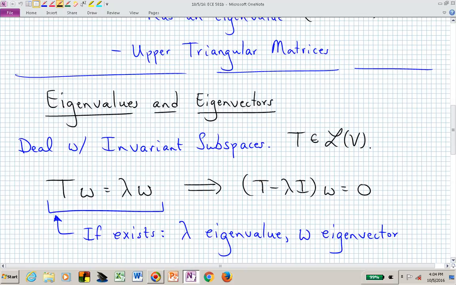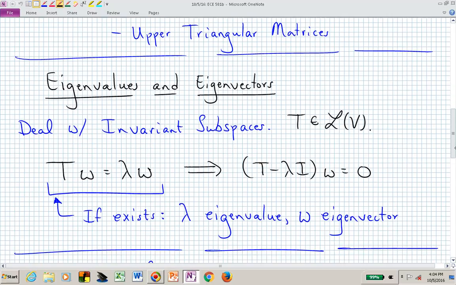Maybe you're living on this eigenvector, or you have a vector that's in the direction of this eigenvector. If you now map that through this linear operator T, you're going to stay on that same vector. So it's invariant to this linear operator, capital T.